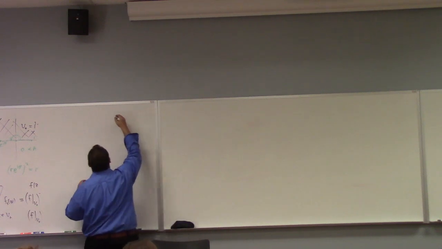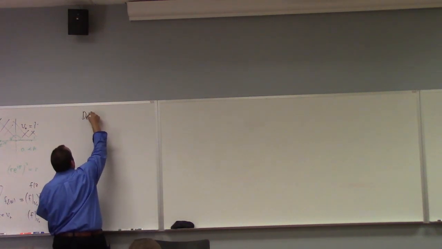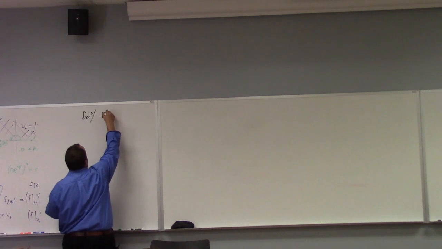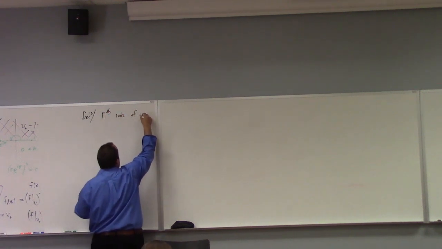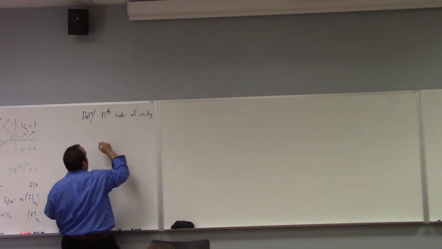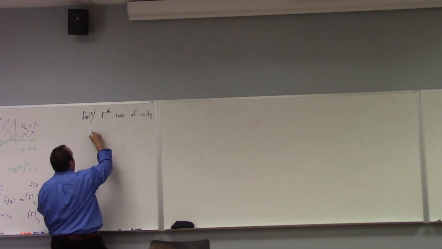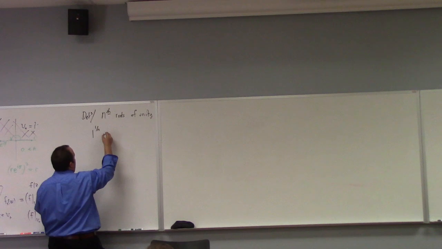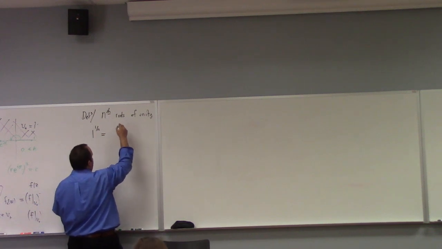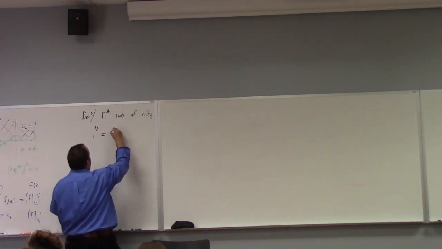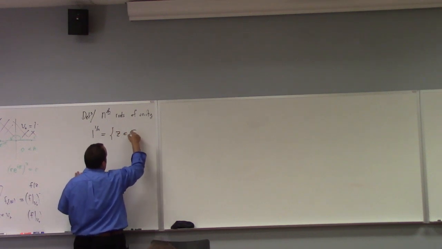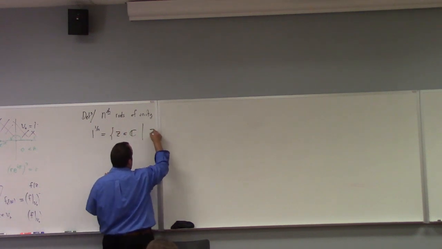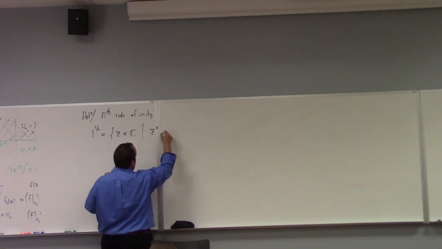Let me just take a minute or two here and say more about that. So, definition, nth roots of unity. 1 to the 1 over n is typically the notation for this. And what that is is z in the complex numbers such that z to the power n is equal to 1.